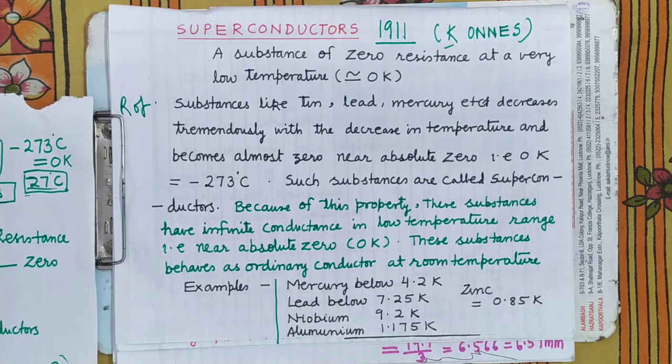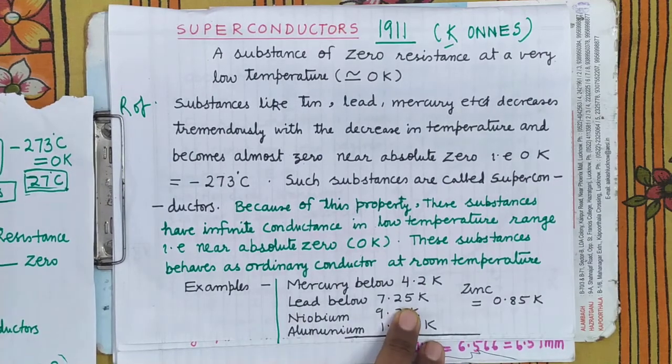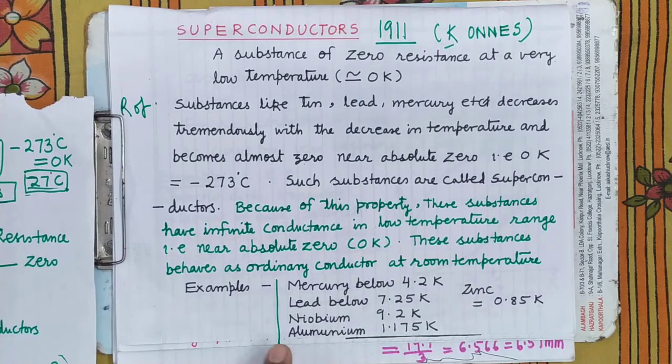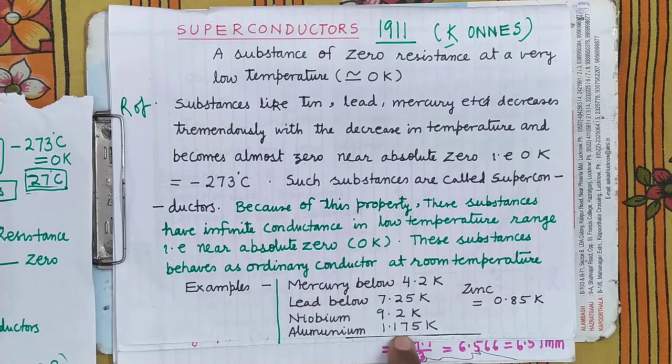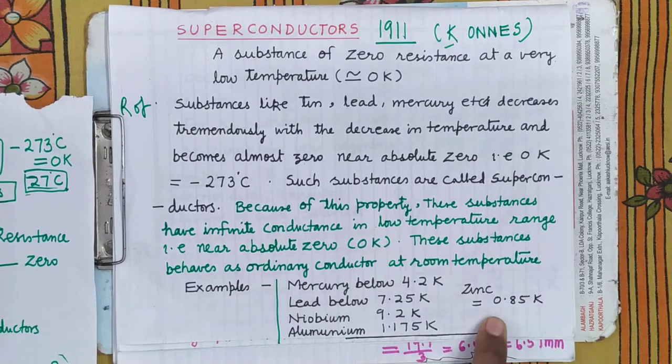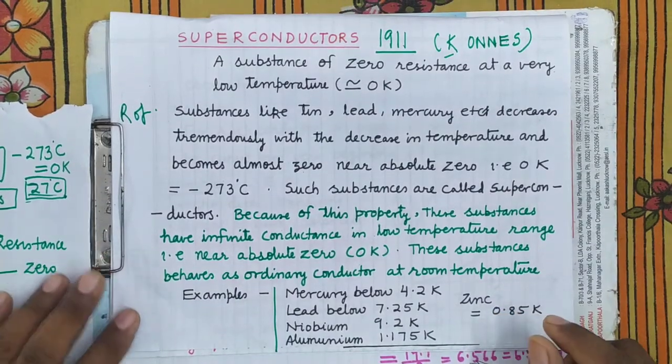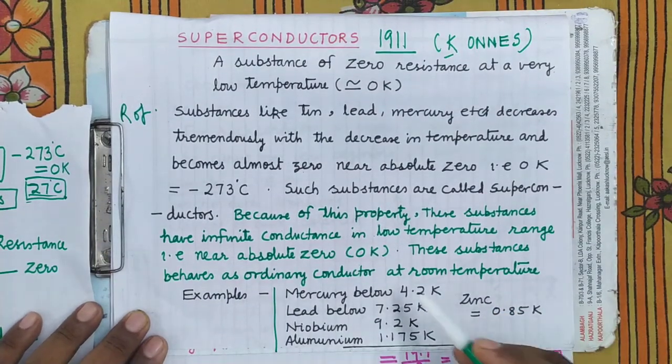So you can imagine. Lead below this, niobium 9.2 Kelvin, below 9.2 Kelvin, aluminium below 1.175 Kelvin, and zinc below 0.85 Kelvin. These are the examples of the superconductor and the temperature below which they show this property.